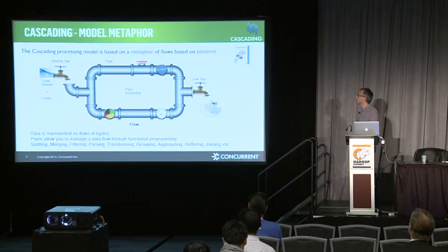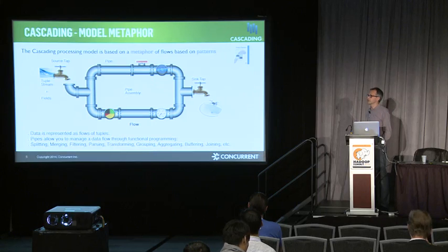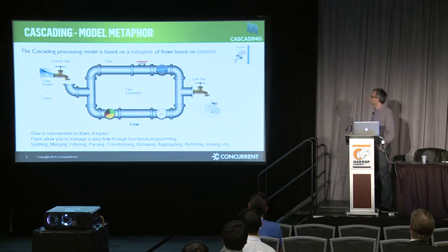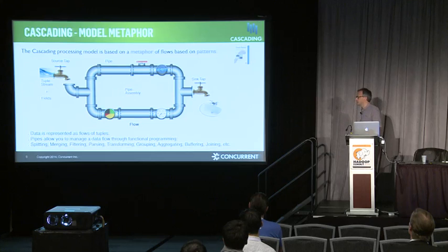And then from there, you can start manipulating the stream using fields, so using logical operations at a high level, and also higher level constructs like splitting, merging, filtering, transforming, grouping, aggregating, and so forth. And then in turn, you can have as many sink taps, which output the data to different systems. And there again, we use the adapters we have, whether it's file, HDFS, Elasticsearch, Memcache, relational database, NoSQL database, and so forth.